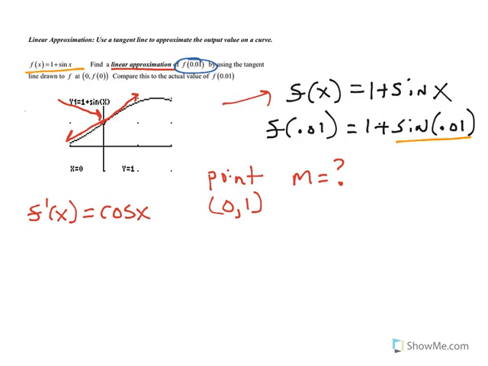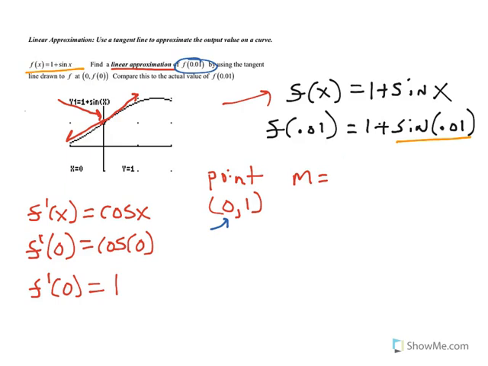The point that we want is where x happens to be 0. So we'll put that into our first derivative. What is f prime at the x value of 0? Cosine of 0 should be 1. So that's telling us that our slope at that point is 1.